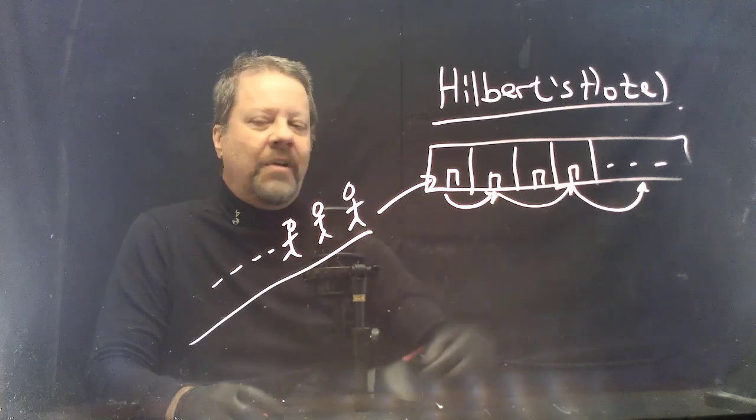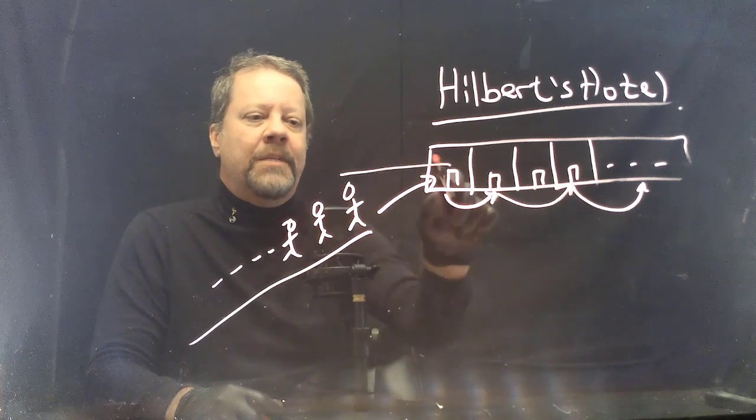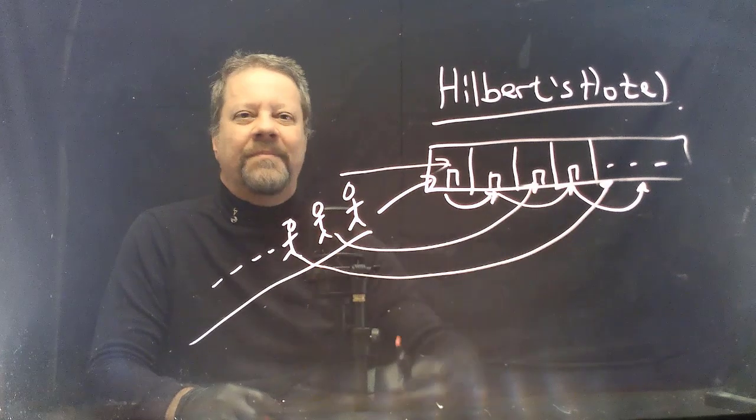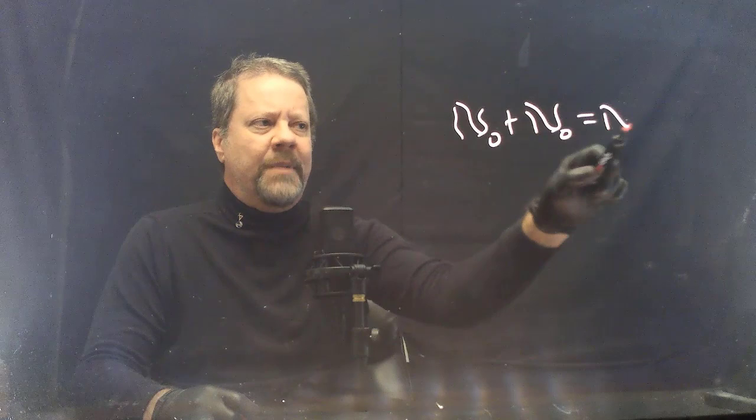They'll go to every other room and occupy those, and then all of these people can fill in the odd room numbers. This might suggest something odd about the arithmetic of these infinite cardinal numbers. In particular, aleph naught plus aleph naught seems to be aleph naught.